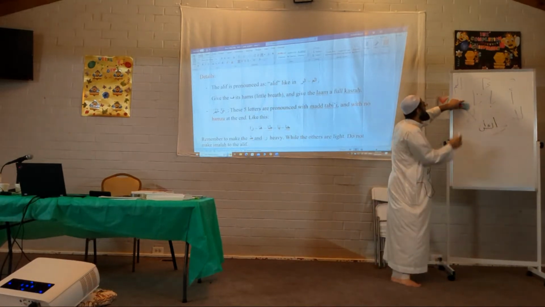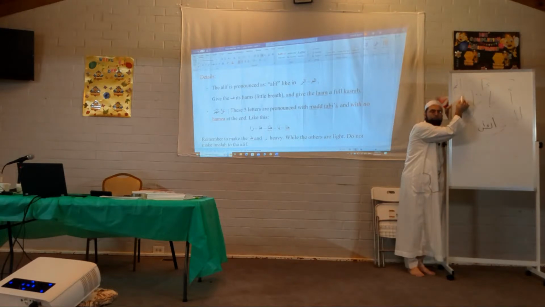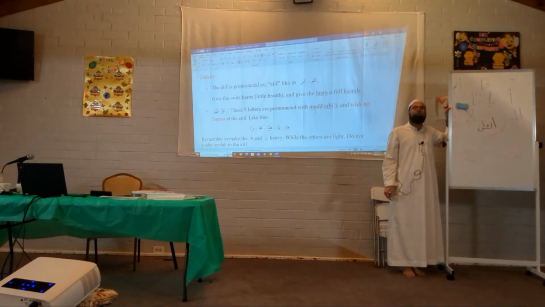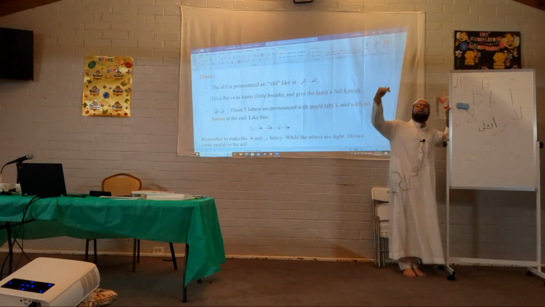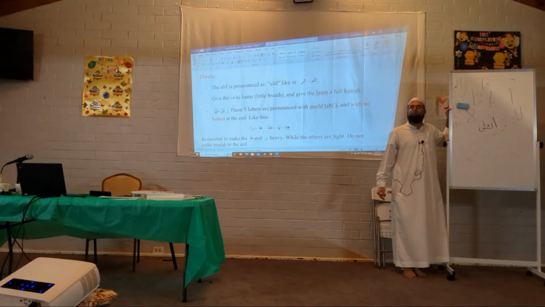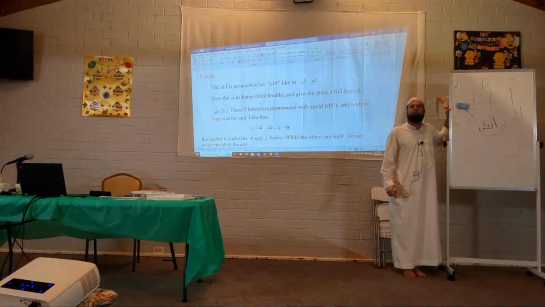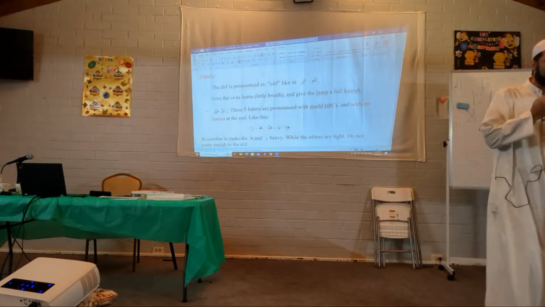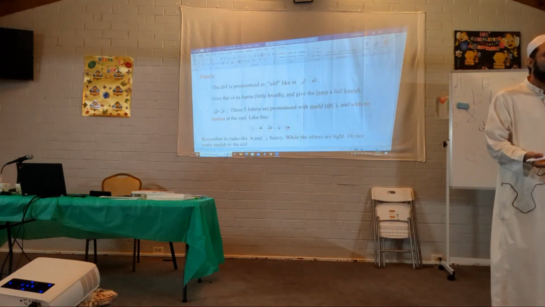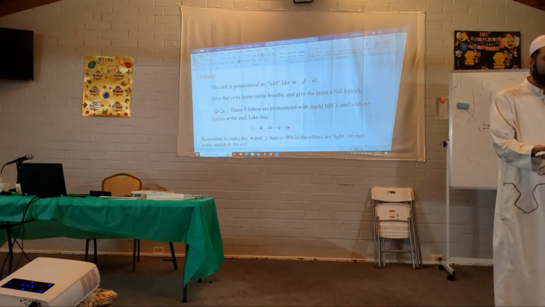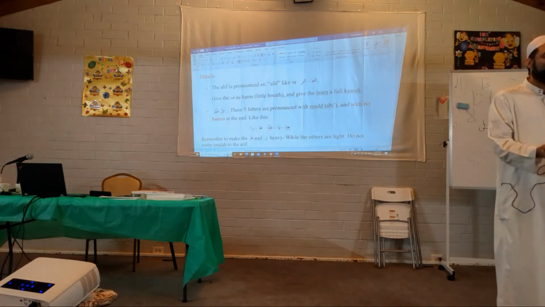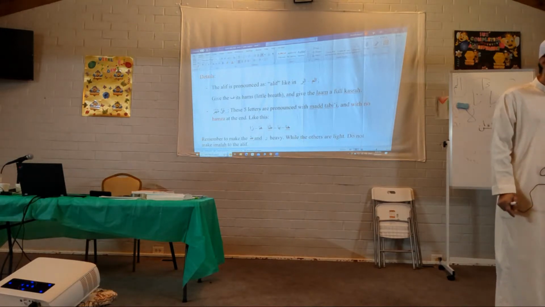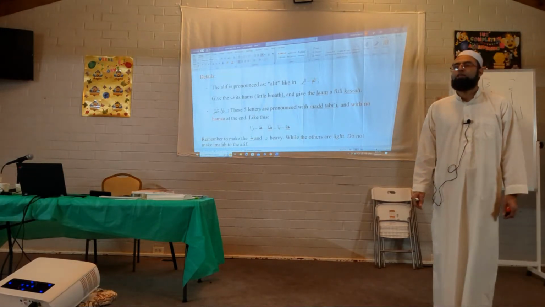So how are we going to read that? We're going to say alif. Now what's the mistake I made? Make full kasra. Don't open too much. Okay, what if I say it another way?